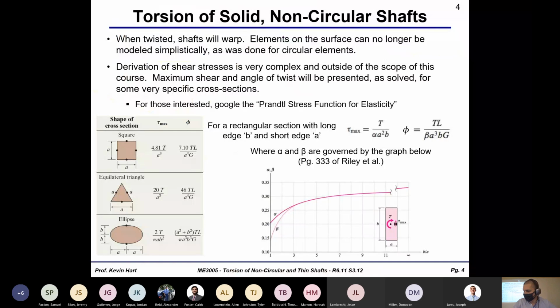So here's the chart that you want to go to for an equilateral triangle cross section, with side length A. The maximum shear stress occurs at these long edges of the triangle, and it's going to be equal in value to 20 times the torque divided by A cubed. And the angle of twist associated is 46 times the torque times the length of the shaft divided by this dimension A to the 4th times the shear modulus G. Just what you would expect.